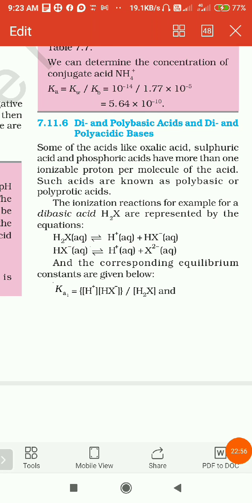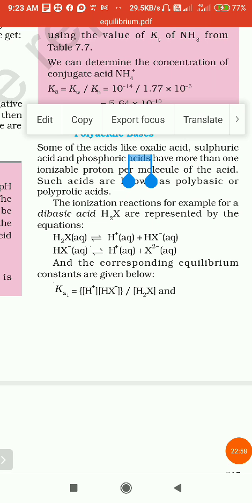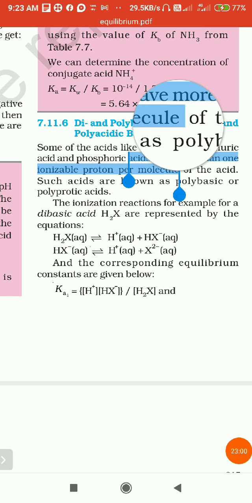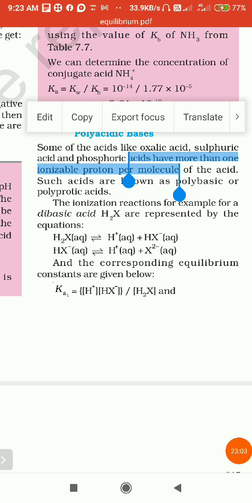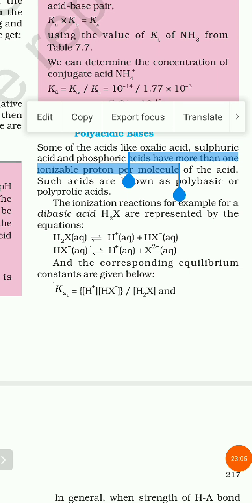That means acids have more than one ionizable proton. Ionizable means they liberate more than one H plus ion, that is, two, three, four and so on.